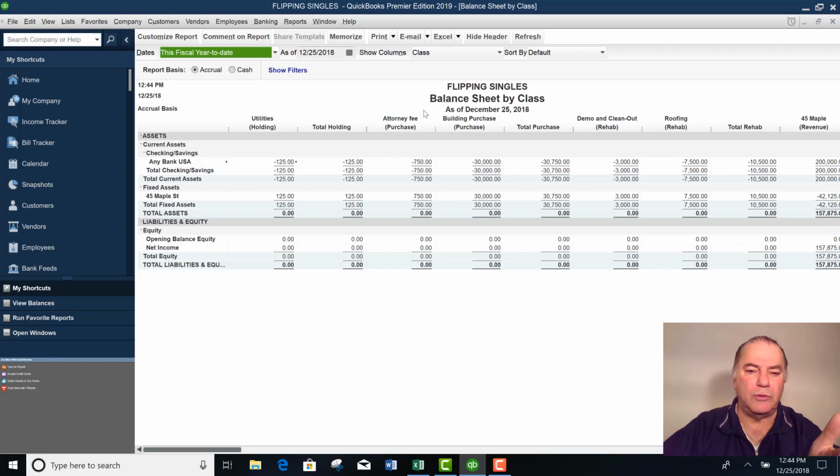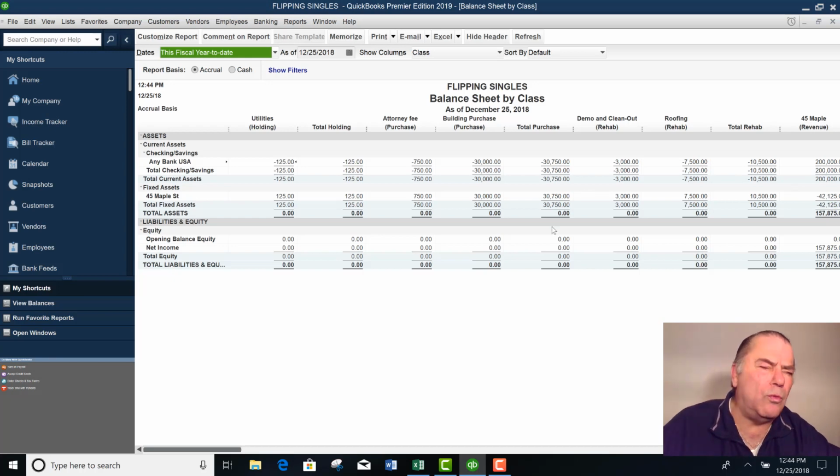We could certainly show it on top, but if you have multiple properties, you're going to have 45 Maple Street, and each class that we've set up is going to be shown across with a total at the end. And then you may have 123 Main Street, that'll show up on fixed assets underneath. It'll have the same thing, and we'll put it under that revenue title.